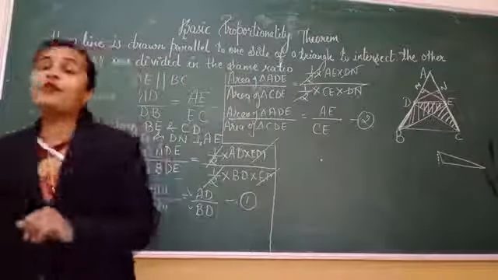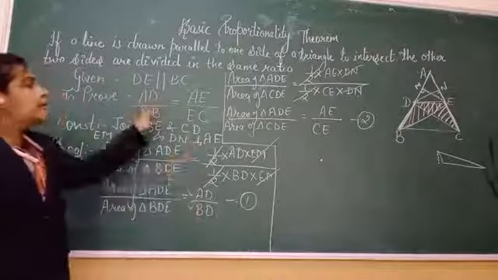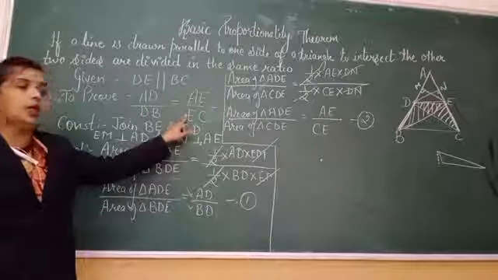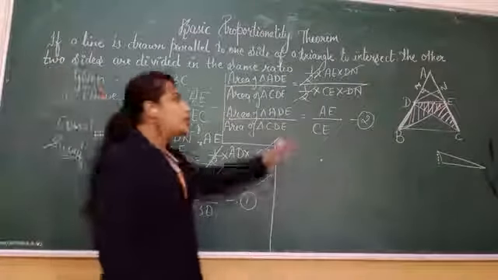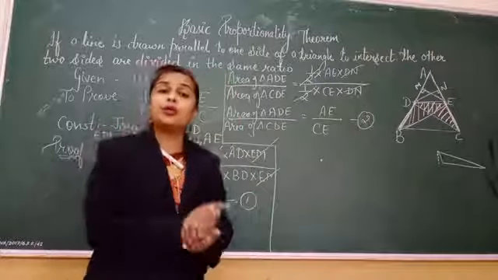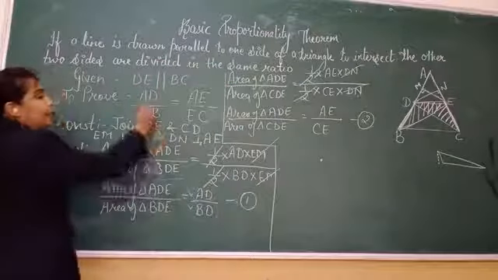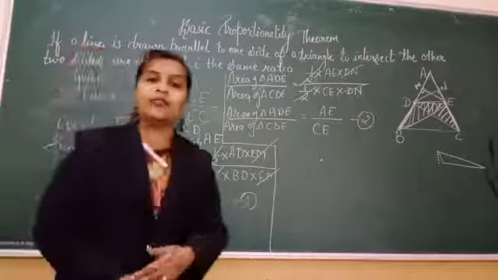Now see, from the first and second equation, we can see the sides which we need to make equal. We have got the ratio AD upon DB, and we have also got the ratio AE upon EC. But what do we need? We need that both these ratios should be equal. This is the demand of the theorem.